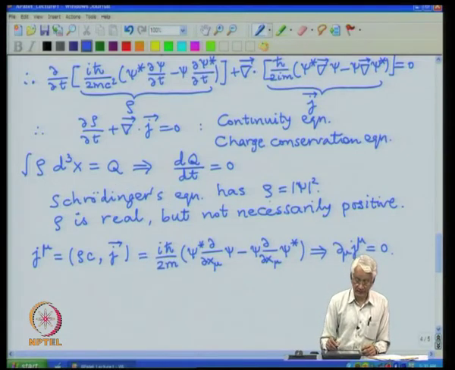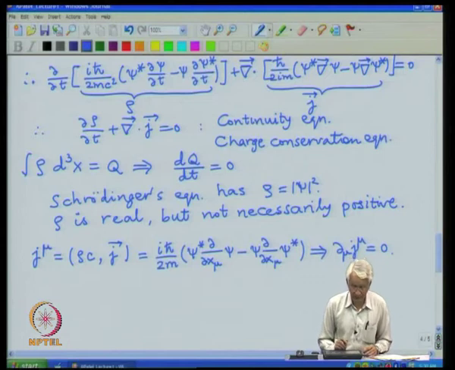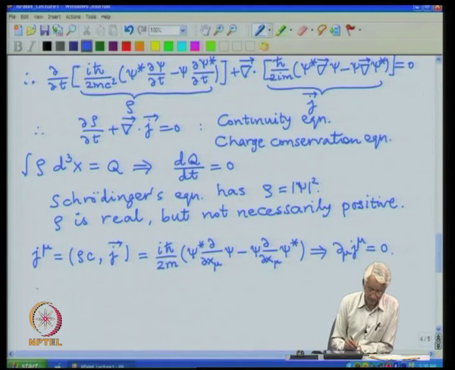Here the rho is not going to be independent of the frame, and to see explicitly what happens, let us consider the simplistic situation which is easy for the illustration purpose. That is the result for stationary states.